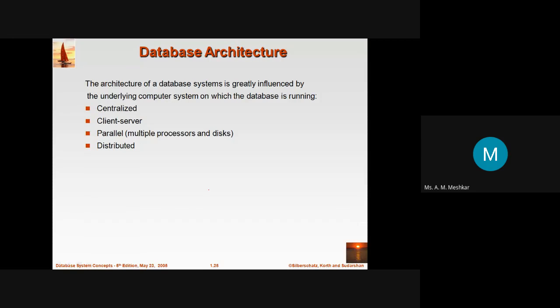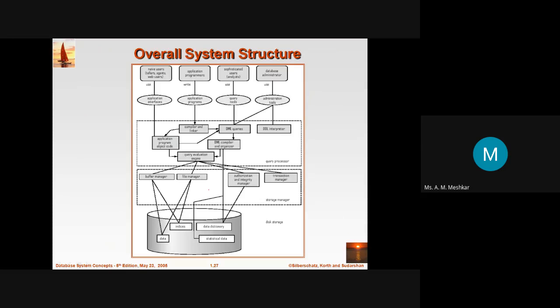Then we will move on to the database architecture. This is the next topic. In architecture we will see what system the complete DBMS stands on, and what components are working to generate the final outputs.